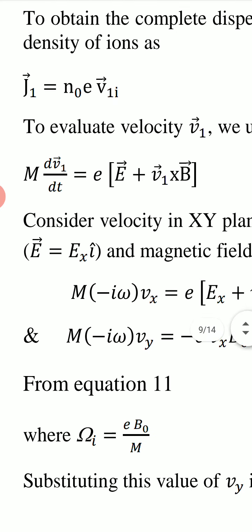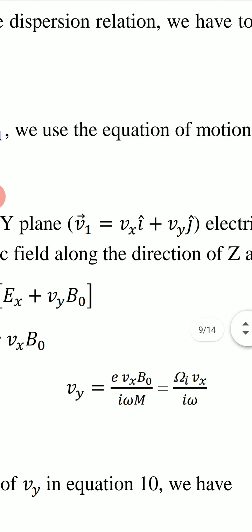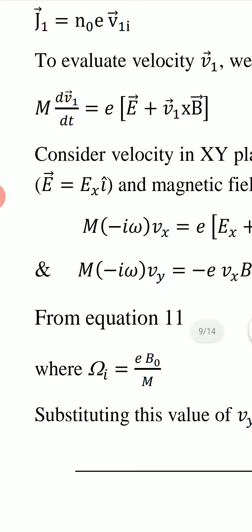To evaluate the velocity V1i for ions, we use the equation of motion for ion. The equation of motion for ion is mass into acceleration equal to force. Mass for ion is written as capital M, and for the mass of electron we write small m.